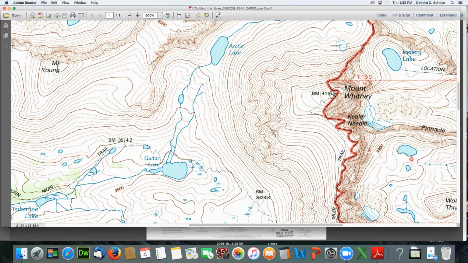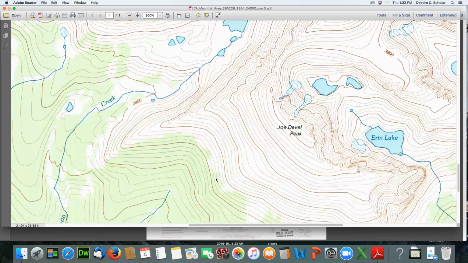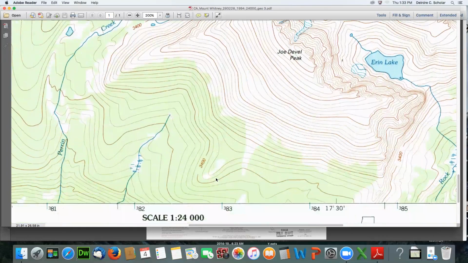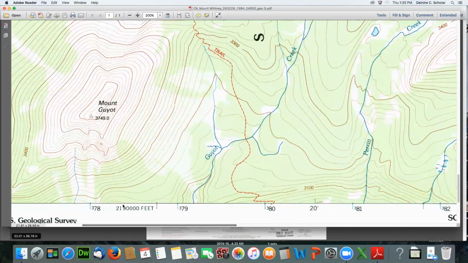Determining where the lowest elevation is, is a little bit trickier, but I do give you a clue on the handout to look in the region around Guyot Creek. That is in the southwest area of the map.